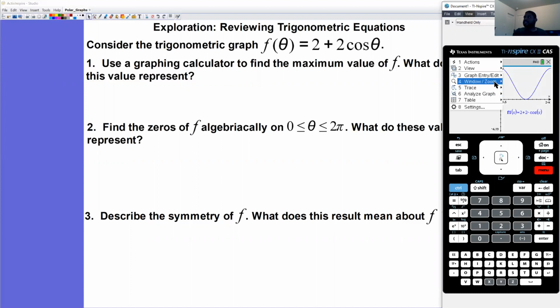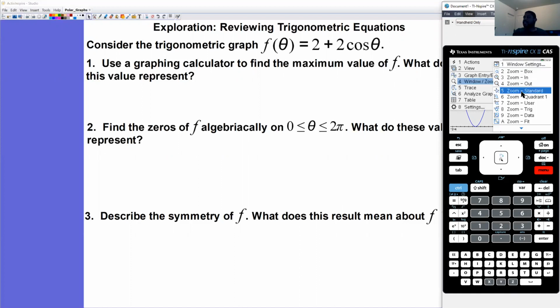Let's do a zoom fit. Okay, so as you can see here, I'm trying to get it to where you can see the max value.